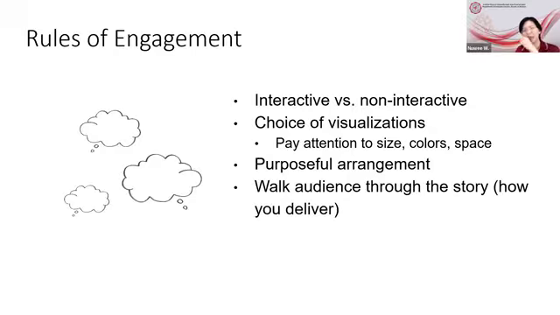We naturally read from top to bottom, left to right. So you need to place everything where the eyes will fall. And finally, the presenter has to walk through the story. Don't just point here. You need to explain the whole story, where the data flows and how the user should look at it.